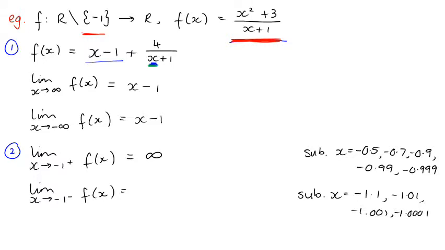Do that, see what happens. Negative infinity, yeah. There we go. So as we approach the line x equals negative 1, your y value is getting exponentially larger up to infinity and then down to negative infinity.